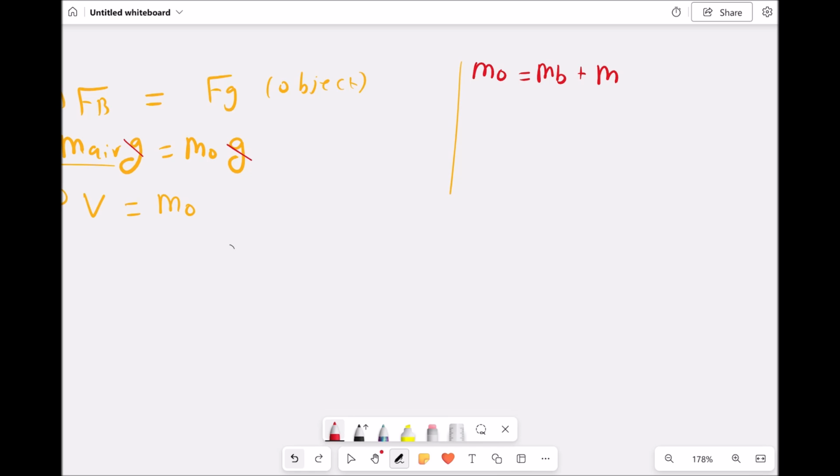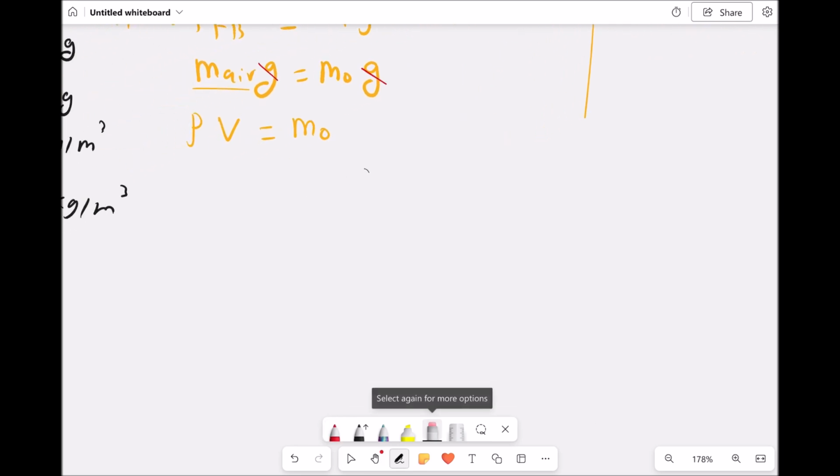Instead of writing m naught, let's just write here m of the balloon plus m of the load plus m of helium.